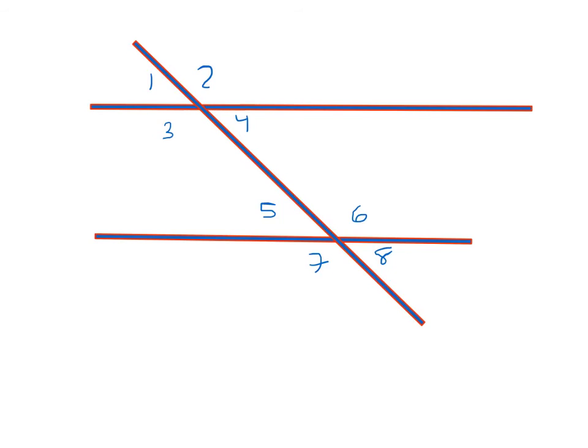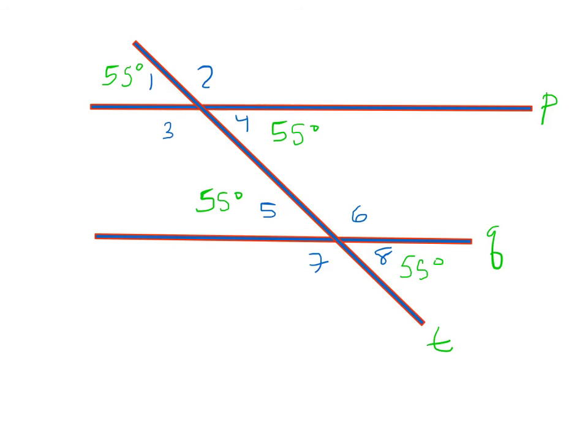Alright, so we can get started here with this one. They tell us in example 2, in the figure, parallel lines P and Q are cut by the transversal T. The measure of angle 8 is 55 degrees. What are the measures of angles 1 through 7? Opposite of 8 would be 5, so that would be 55. 5 and 4 are alternate interior angles, and 4 is opposite of 1.